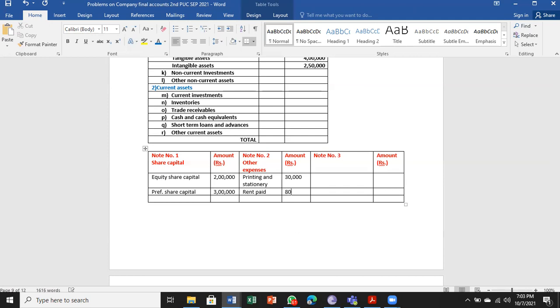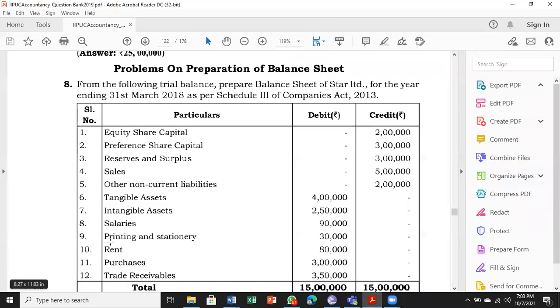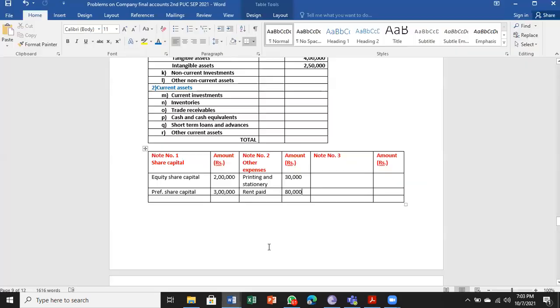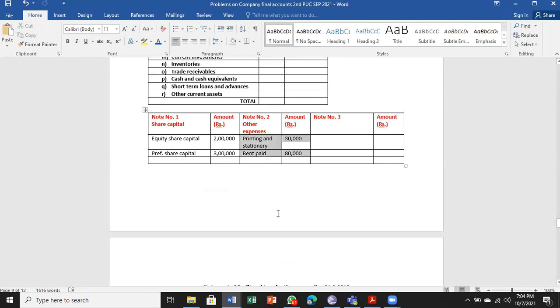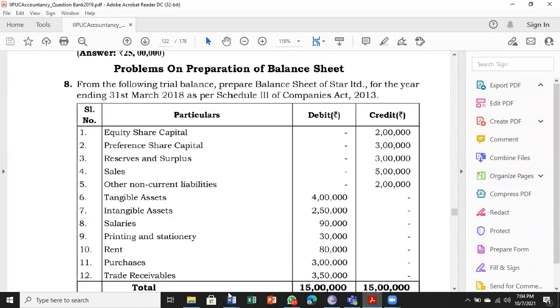Rent paid 80,000. So you can see here, printing and stationery 30,000, rent paid 80,000. Both are other expenses. We don't have any heading for this in the expenses. You can see there is no heading. So I'm taking that under the last part, other expenses. So I have prepared one note here for printing and stationery and rent paid under other expenses I have taken. So note number 2.